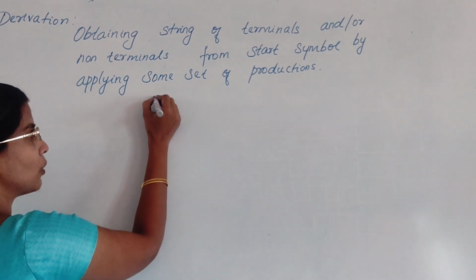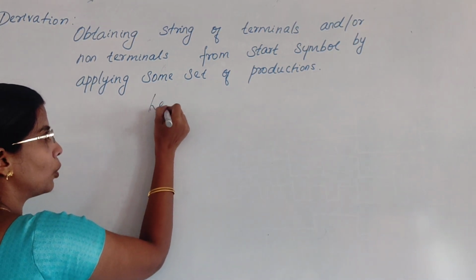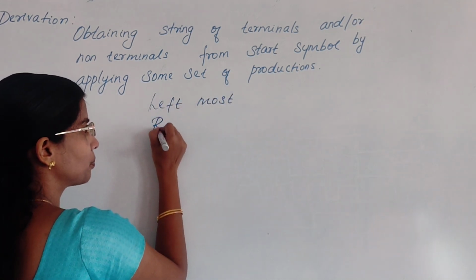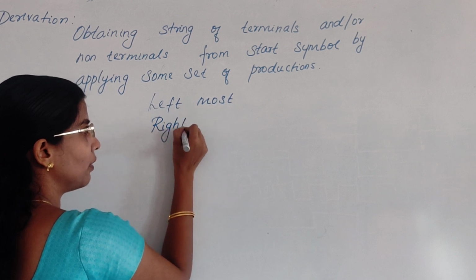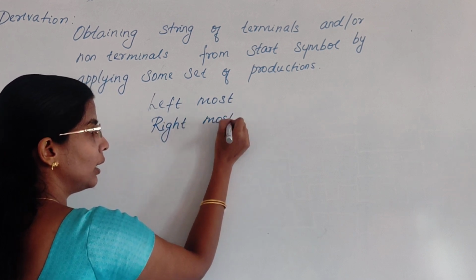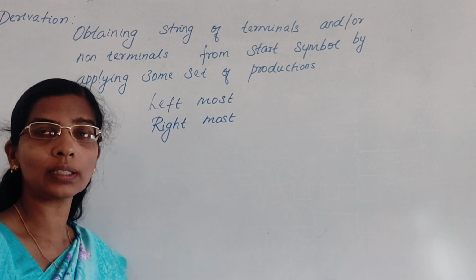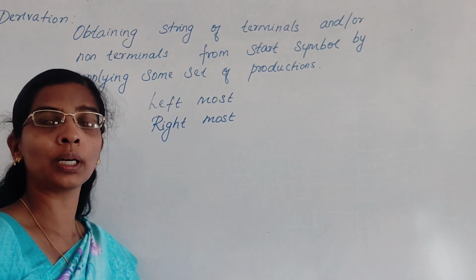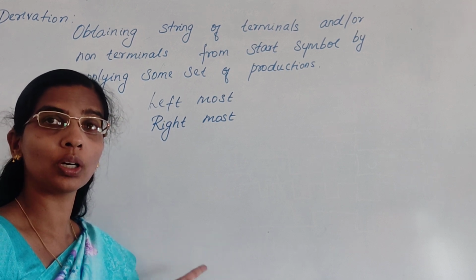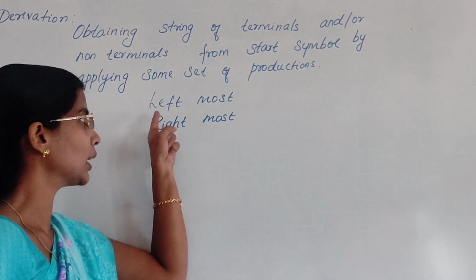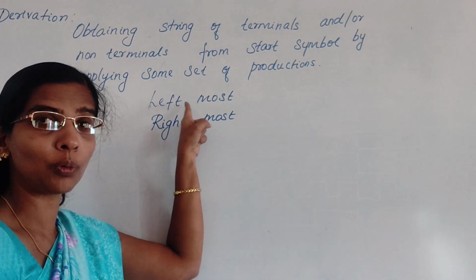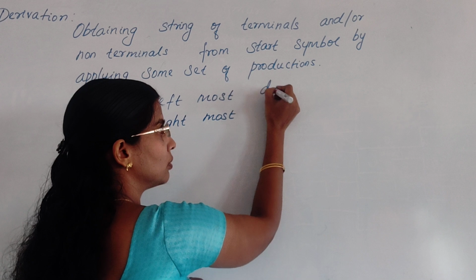I have two types of derivation: leftmost derivation and rightmost derivation. What is leftmost derivation? Every time I should replace the leftmost non-terminal in leftmost derivation.